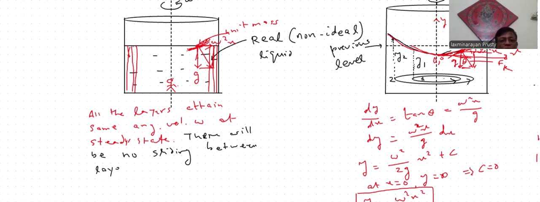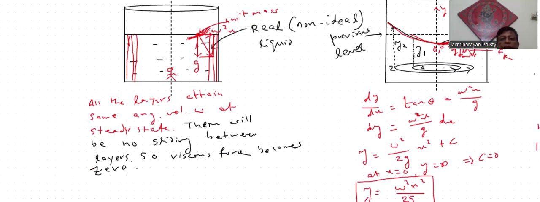So if any viscosity is there, viscous force will become 0. Is it okay?